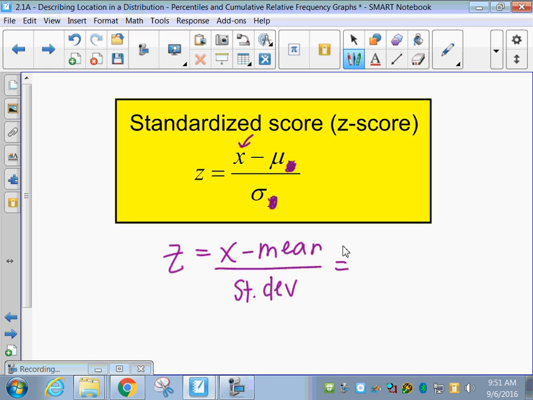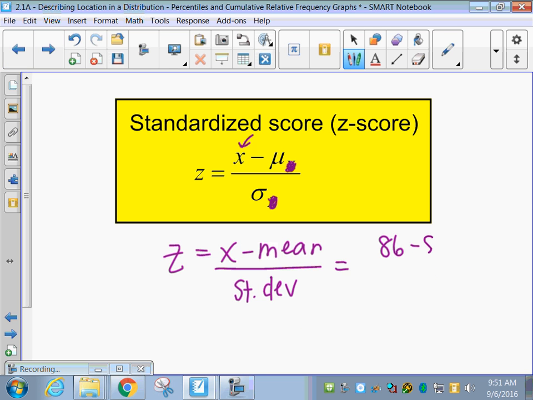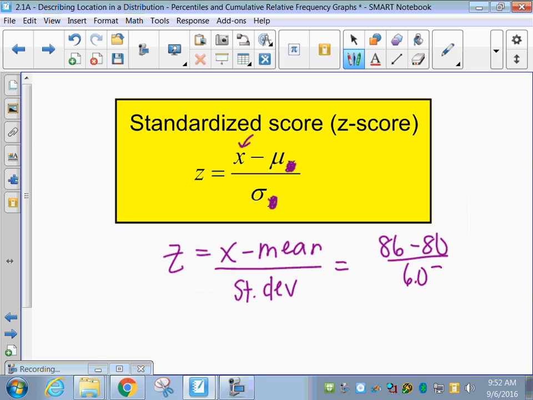So Malcolm had a score of 86. Okay. According to the data on the previous page, the mean was 80. So I'm going to subtract 80. And according to the data on the previous page, the standard deviation was 6.07. Okay, so that's always how we're going to standardize this. And we end up getting 0.99.